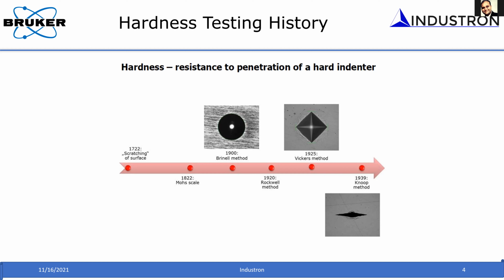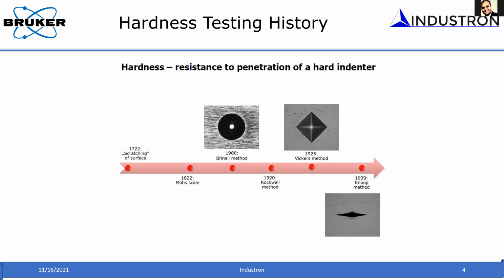So what is hardness testing? Hardness testing is basically a measure of resistance to plastic deformation, and that is done by understanding the penetration resistance of a hard indenter when you try to penetrate into a material. For example, if you take a ball indenter and apply a stress on a material, it's going to create an impression.